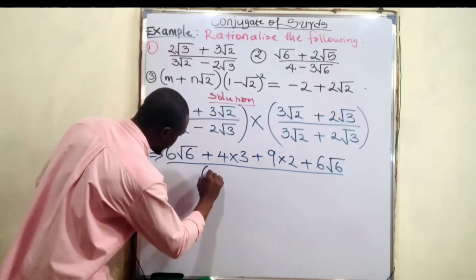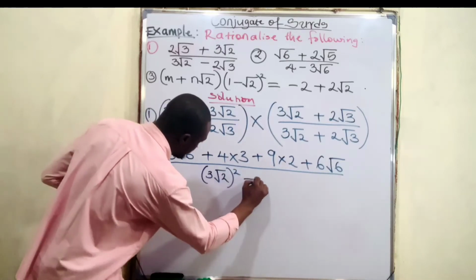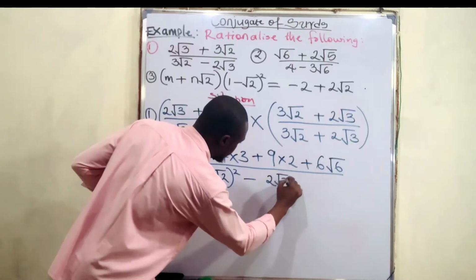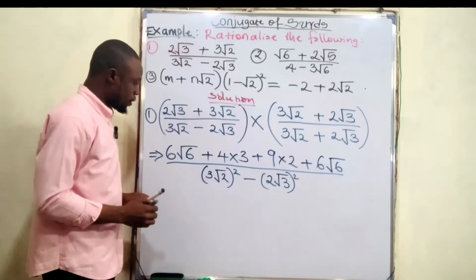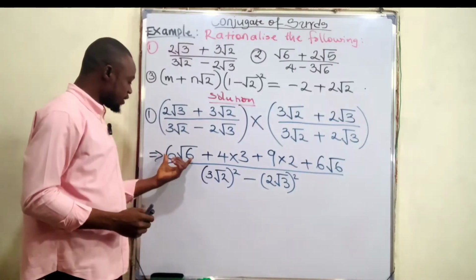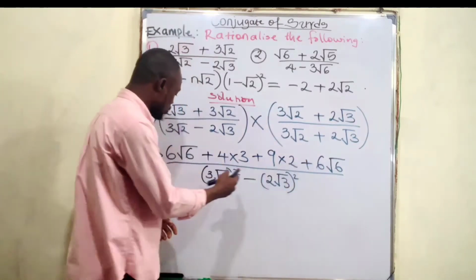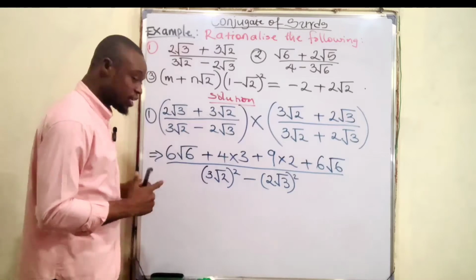So put this in bracket: 3 root 2 all squared minus 2 root 3 all squared. Okay. So now we have 6 root 6 here and we have 6 root 6 here. Now 6 root 6 plus 6 root 6 gives us 12 root 6, by addition of surds.